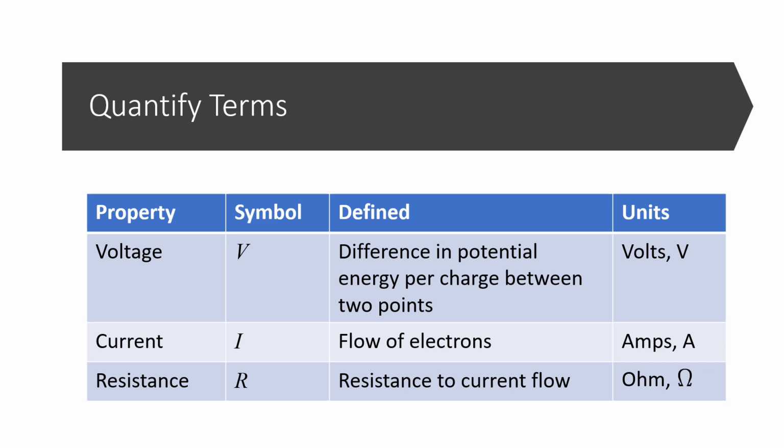The current is the flow of charge per unit time, and it's going to be known in units of amps, and the letter we use to symbolize that is A. And lastly, resistance, R, is resistance to our current flow. Again, it's like an impedance to the flow of electrons. If we think of our water analogy, it might be like a restriction, maybe a smaller diameter pipe. The units are ohms, represented by the capital letter Omega.